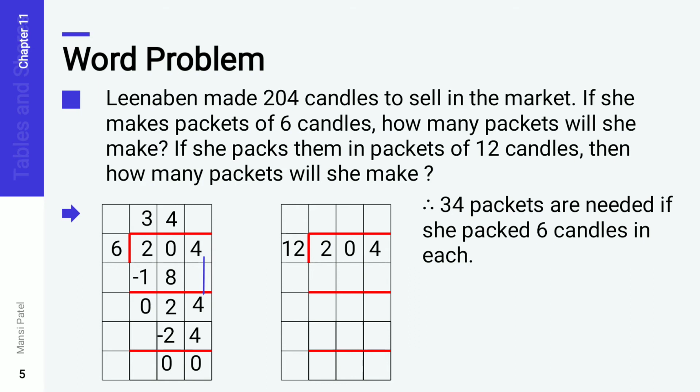So it becomes 20. 12 ones are 12. 20 minus 12, it's 8. Now 4 comes down. Now in the table of 12, where are you getting 84? 12 sevens are 84. And 84 minus 84, it's 0.